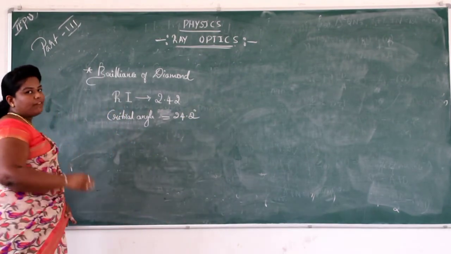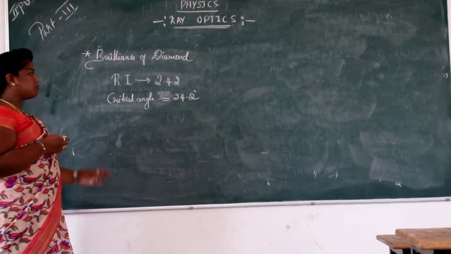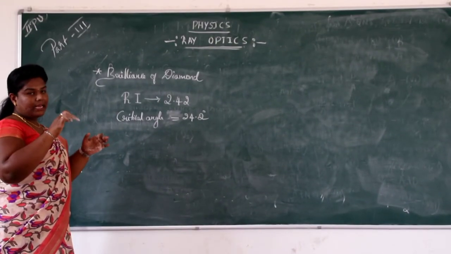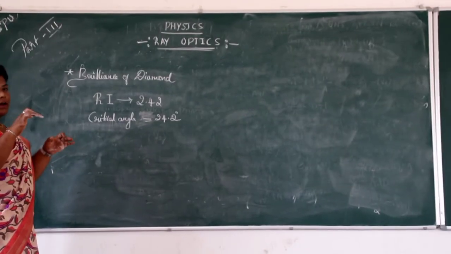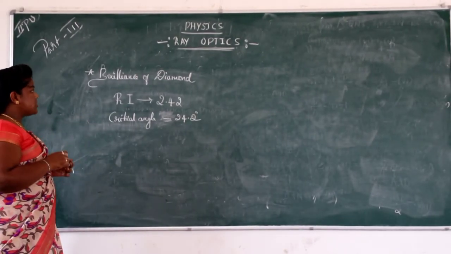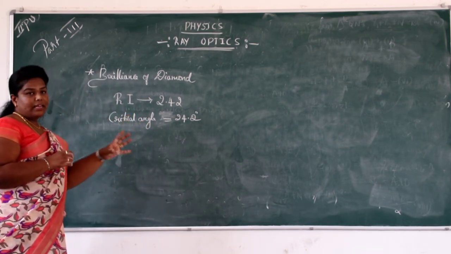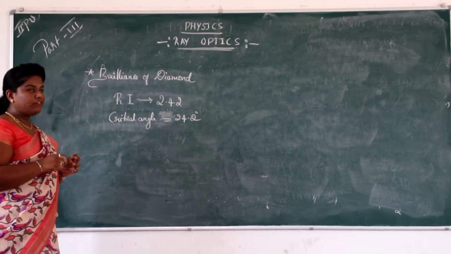If a ray of light is incident on the diamond, because you know that the diamond has a lot of cuts, those cuttings are prepared in such a way that the ray of light incident on it undergoes total internal reflection.